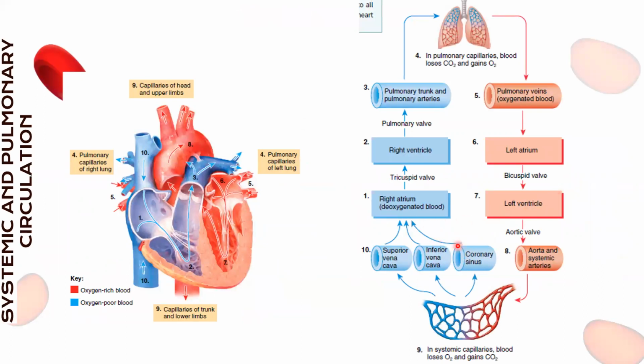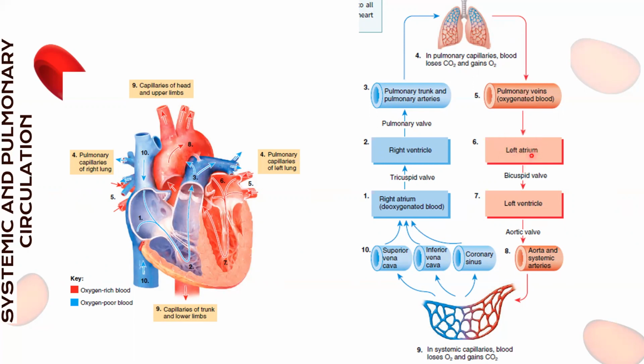Again, the flow of blood: from the superior and inferior vena cava and coronary sinus to your right atrium, through your tricuspid valve to your right ventricle, to your pulmonary valve, to your pulmonary trunk and pulmonary arteries, and then there would be oxygenation of the blood. Blood returns to the left atrium through your pulmonary veins, two on the right and two on the left.